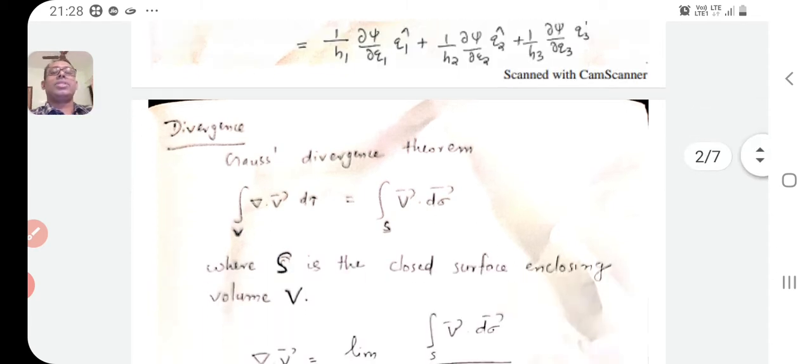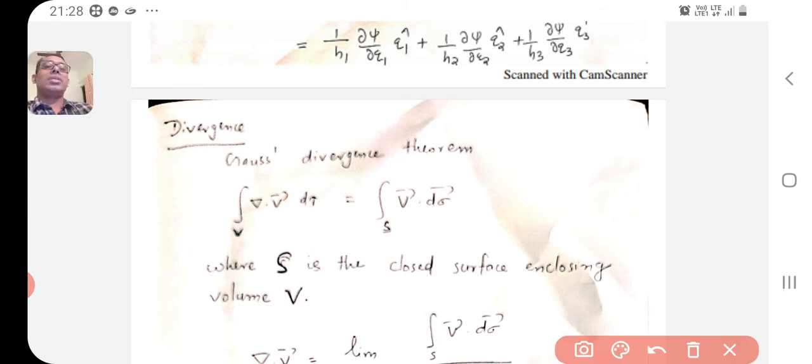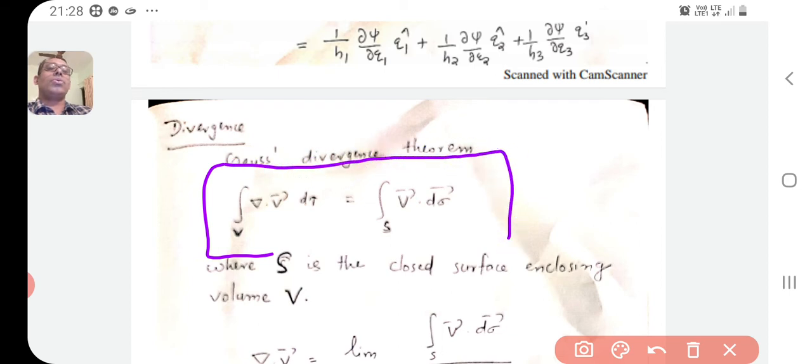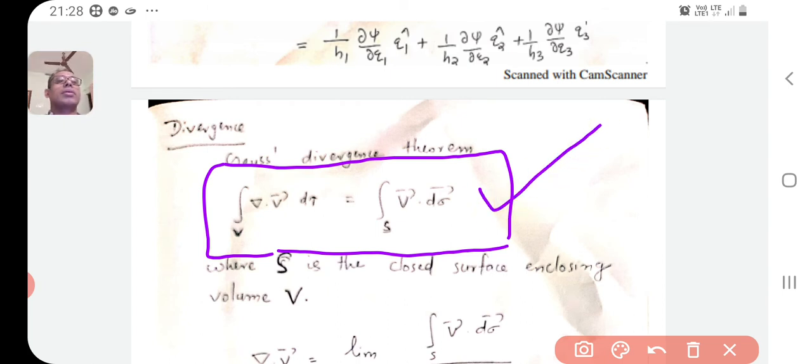Now the divergence. We are taking the Gauss divergence theorem. What it says is integral volume del dot V d tau is equal to integral surface V dot d sigma. This is Gauss divergence theorem. On the left hand side we have volume integral, and on the right hand side we have the surface integral.